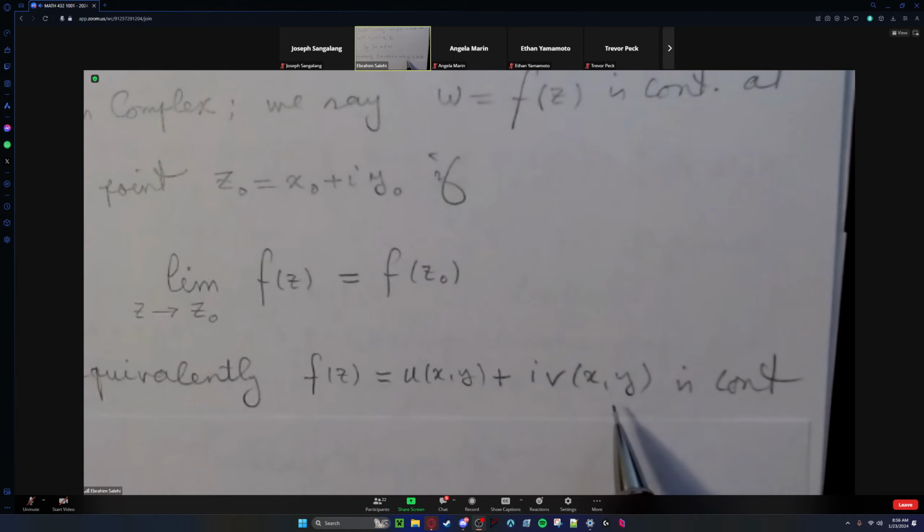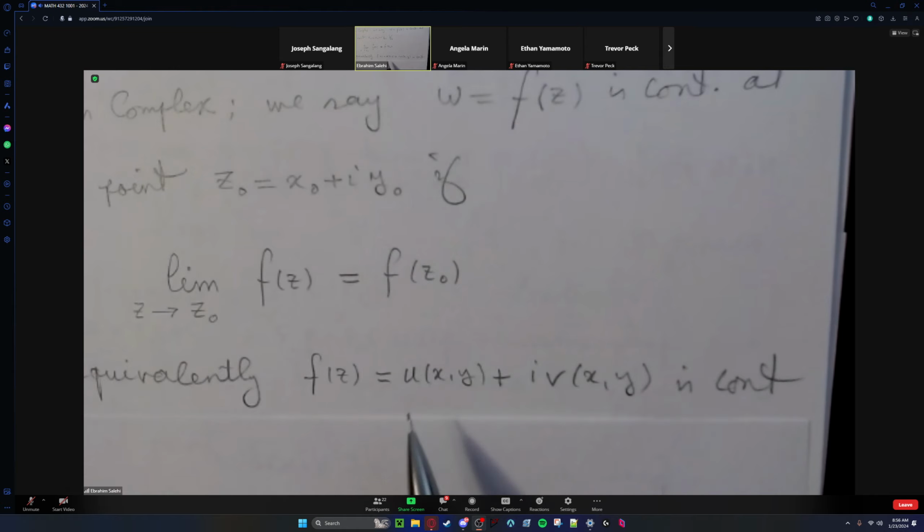All right? So that set of inequalities that I explained made our life a lot easier, because when you want to take the limit, you will take the limit of the real part and the imaginary part.